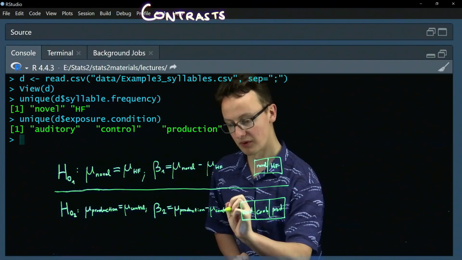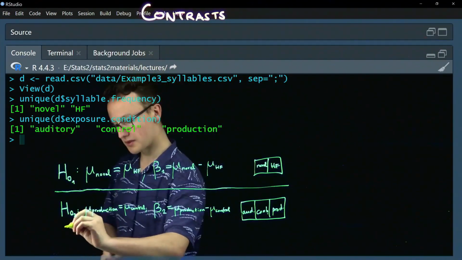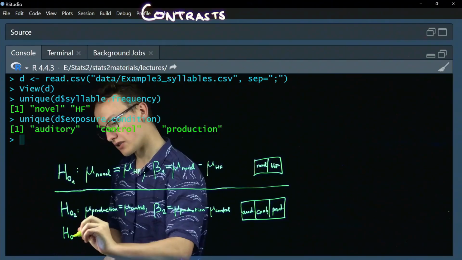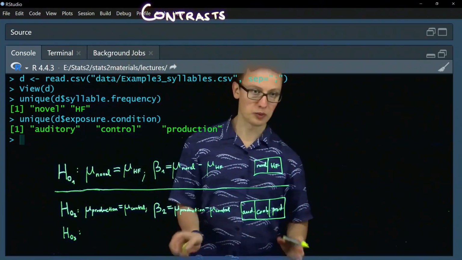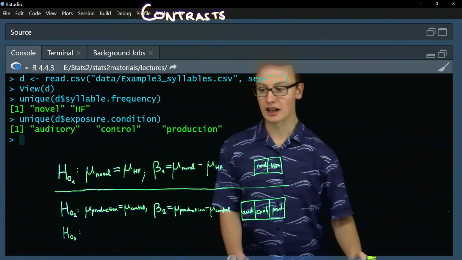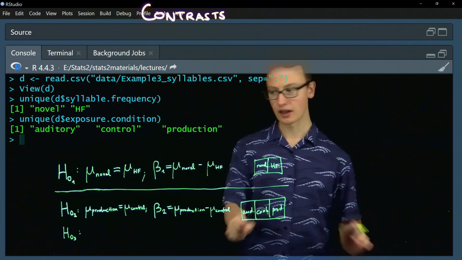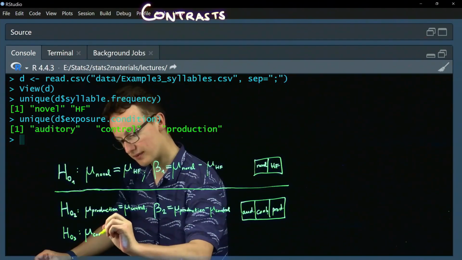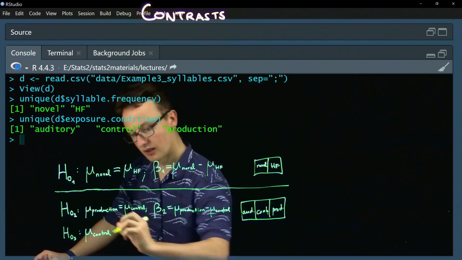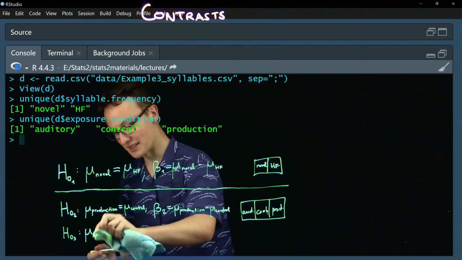And we can do the same thing then for the third hypothesis. So that will say H03 is about, there could be different things we can do. In this case, let's again compare auditory against the control level, okay? Oh, sorry, no, let's write it the other way around.